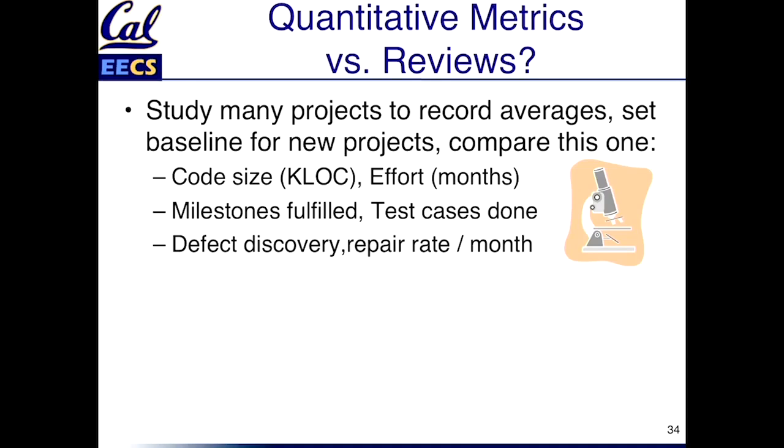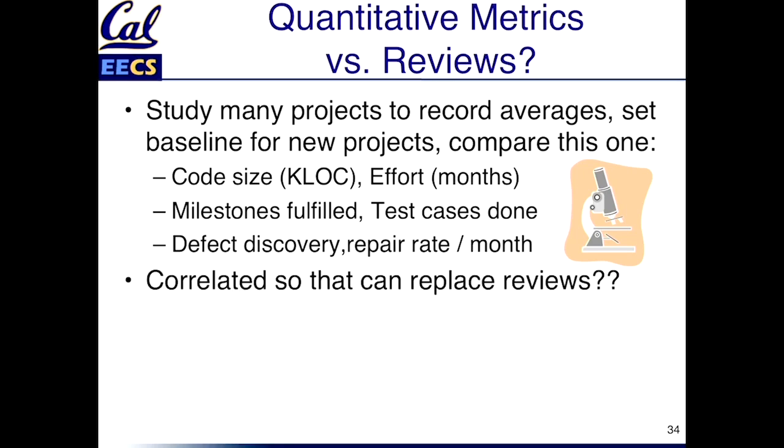So lines of code, thousands of lines of code, or clocks, right? Effort in person months. How many milestones have you fulfilled? How many test cases have you completed? Or another popular thing is the rate that you're discovering bugs and the rate that you're repairing bugs. These are all things that have been tried to make software production more predictable.